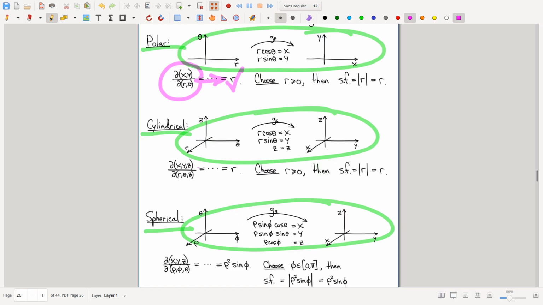For cylindrical, crank out the various partials, and it turns out r again. This is a nice illustration of how natural it is to view cylindrical coordinates as just polar coordinates in 3-space, because even the stretching factors agree. They're closely related to each other.